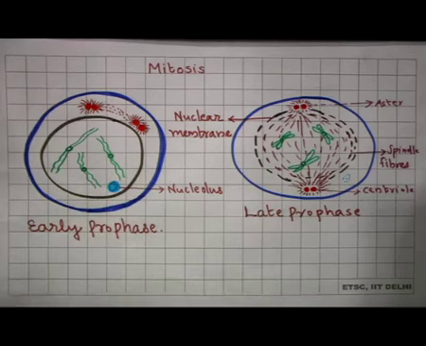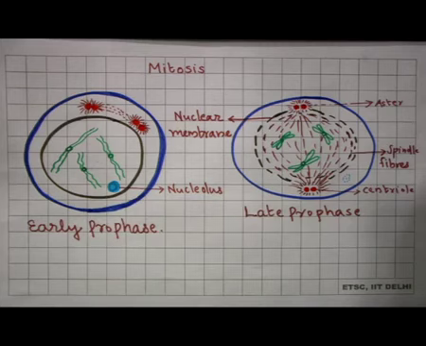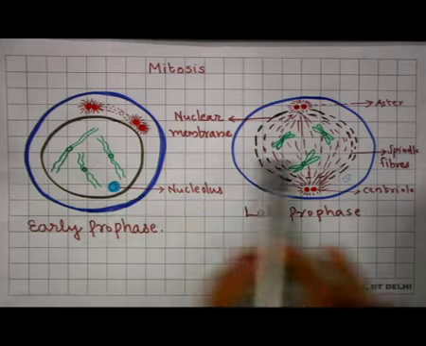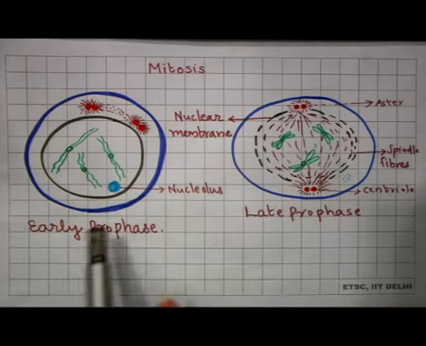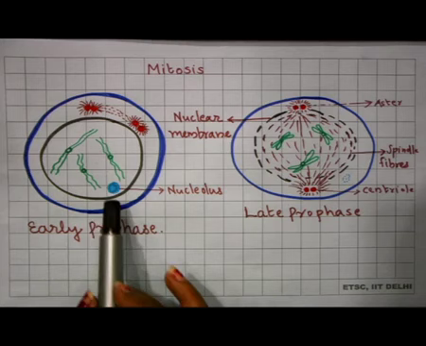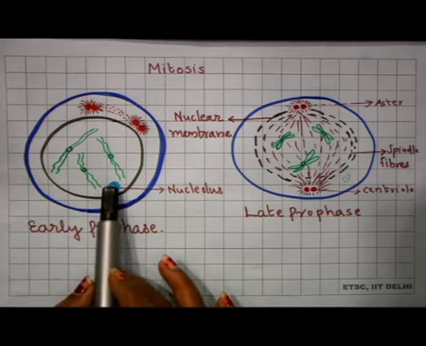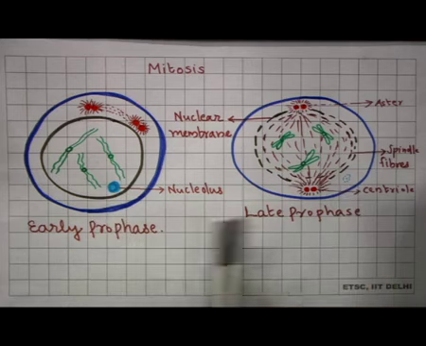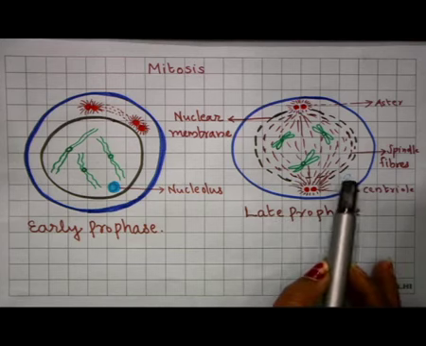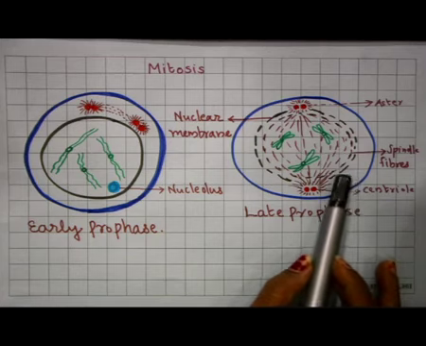So, here the nuclear membrane starts to disappear. Now, see these two diagrams, what happens to the nucleolus here and here? In the early prophase stage, you can see a clear nucleolus, it is visible. But what happens to this in the late prophase? You can see it here as dots only. It means it is disintegrating and starting to disappear.